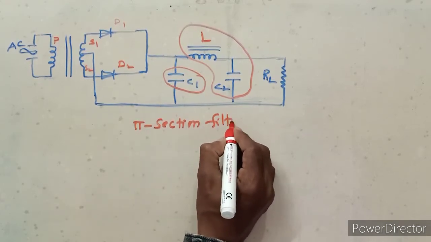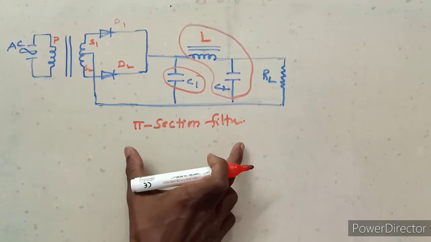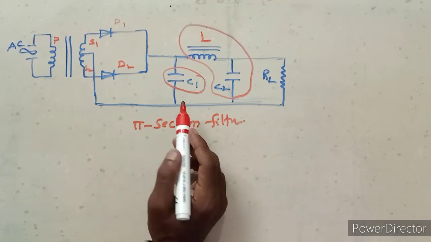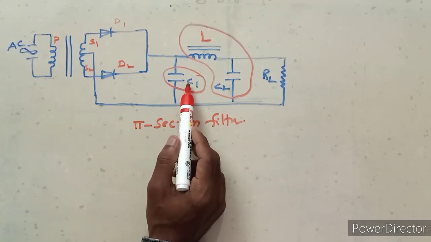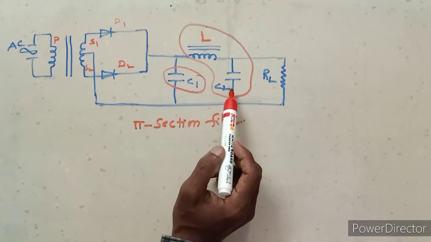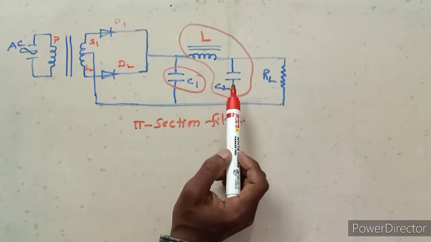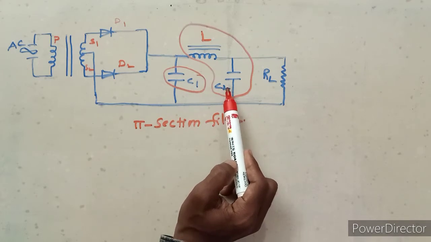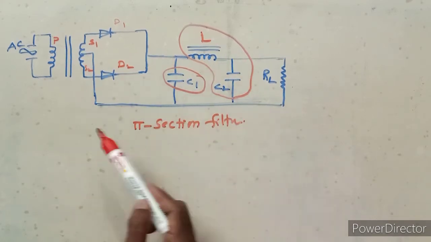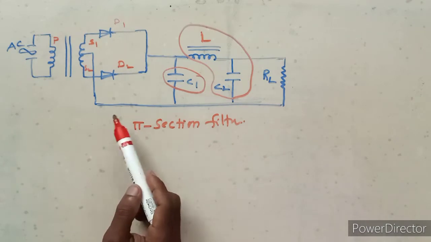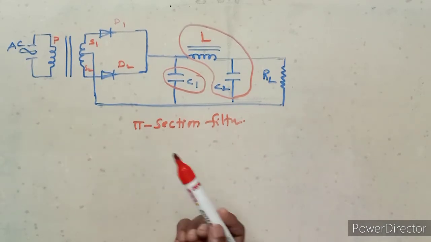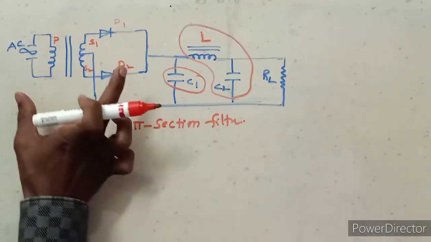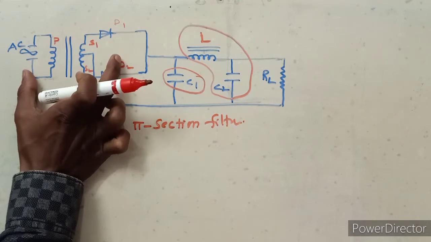Pi-section filter means one input capacitor C1 is added to the L-section filter, and that L-section filter contains an inductance and one capacitor.